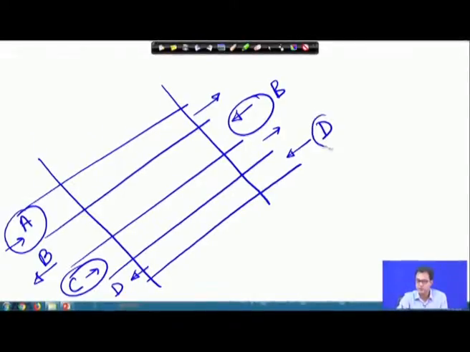All the inlet temperatures and the heat exchanger configuration are known to us. Based on this, we should be able to find the exit temperature of all these fluid streams, so A, B, C, D exit temperatures. If there are 4 fluid streams, we need 4 exit temperatures.